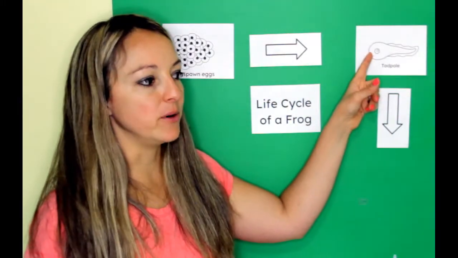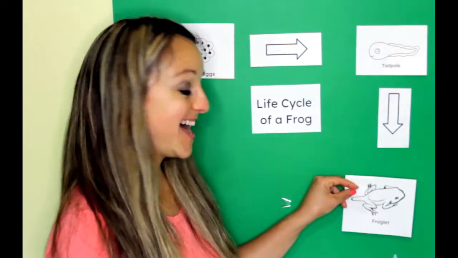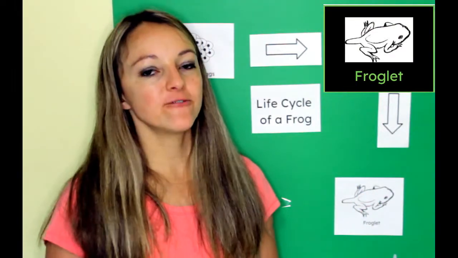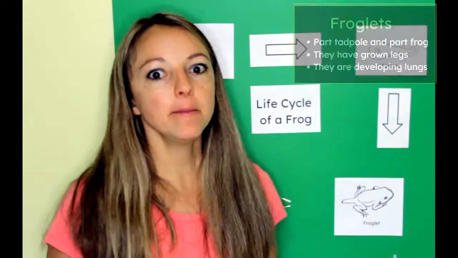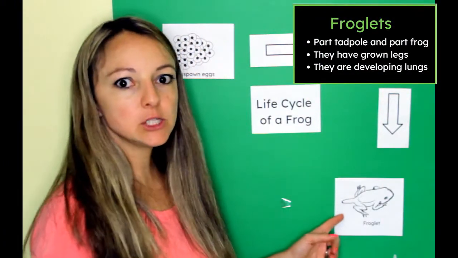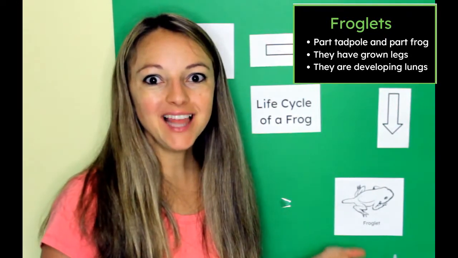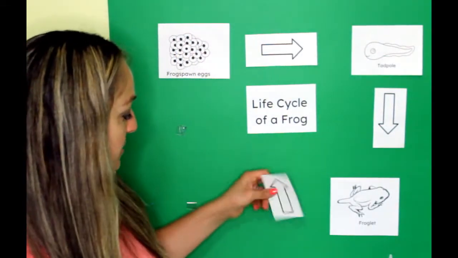After it's a tadpole, it becomes a froglet. A froglet means that it's part tadpole and part frog. Because look closely, it's losing its tail and it's growing legs. Okay, let's put our arrow to go to the next one.